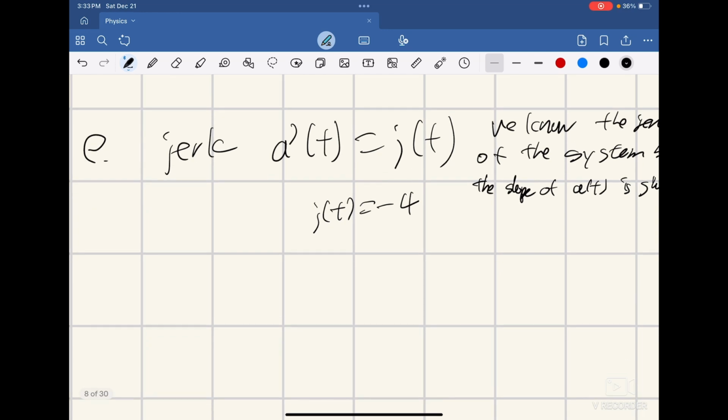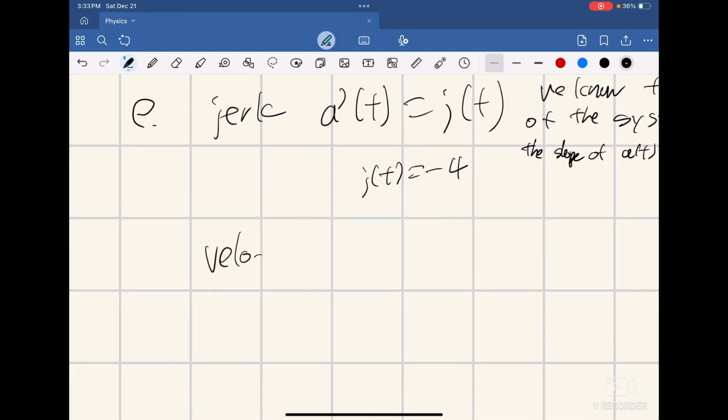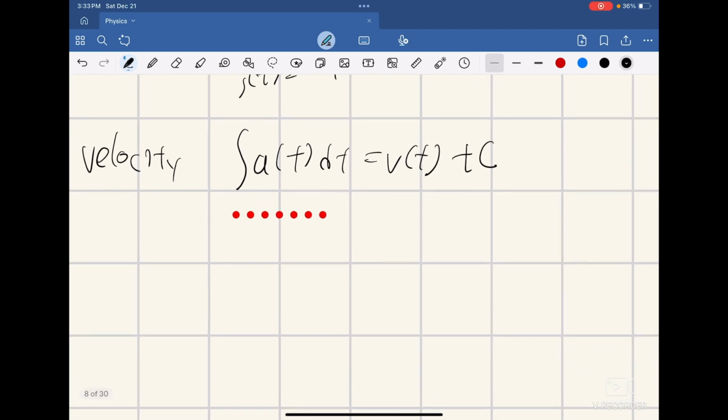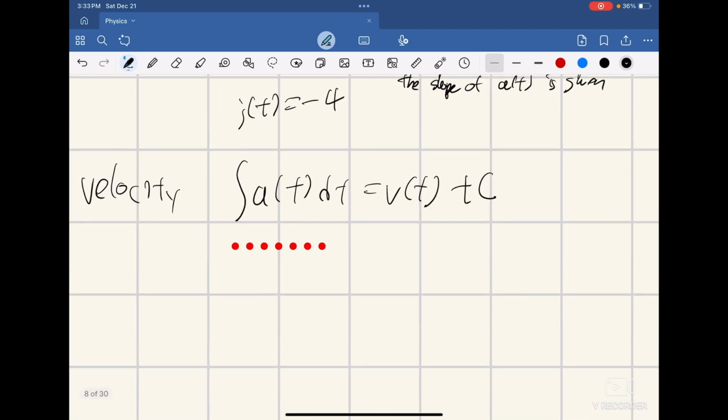The other thing we can find is velocity, because the integral of A(t) dt is equal to V(t) plus c. However, we are going to assume that the velocity at the start, so c, will be 0, and so will x(t). This is done just so that the next few problems make sense and aren't too confusing.